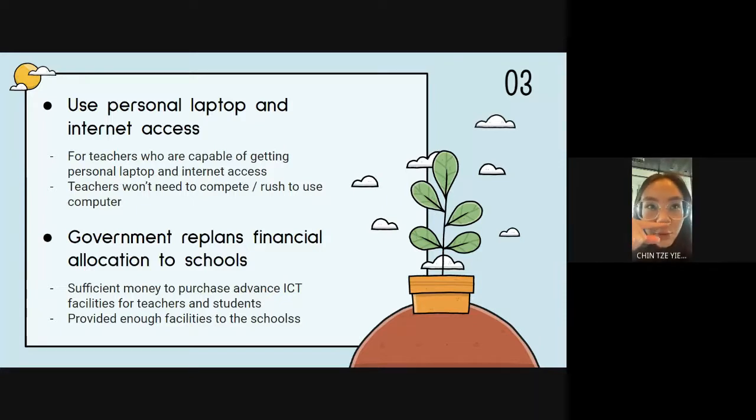For the solution to poor internet facilities and poor ICT facilities in school, the first solution is to use personal laptop and internet access. For teachers who are capable, meaning they are able to get themselves a personal laptop and internet access, they should take the initiative to bring it and use their own facilities in school so that they don't have to compete or rush to use the computers provided in the schools.